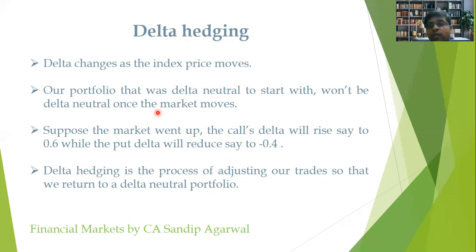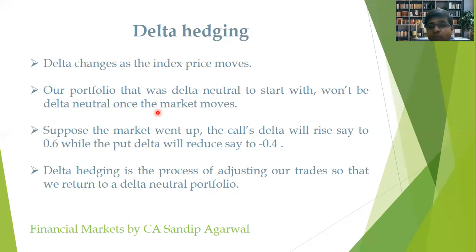Let's assume it goes to 0.6, whereas the delta of the sold ATM put option will become, say, minus 0.4 from minus 0.5, because since the underlying instrument has moved upward, the delta of the put option will start moving towards 0.